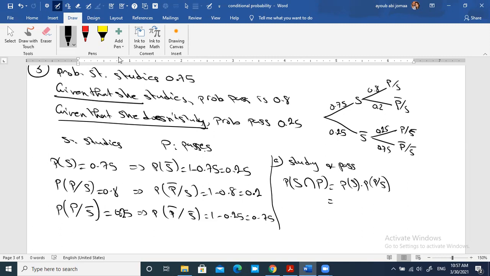Probability of S times probability of P given that S, multiply it. هون you get probability of P intersection S. So it's equal to 0.75 times 0.8 and then you give the answer. هذا بيطلع 0.6.